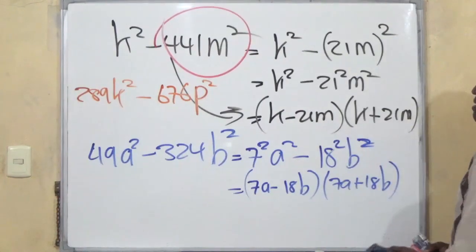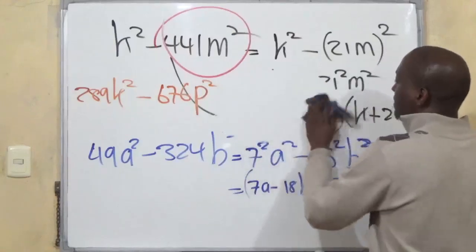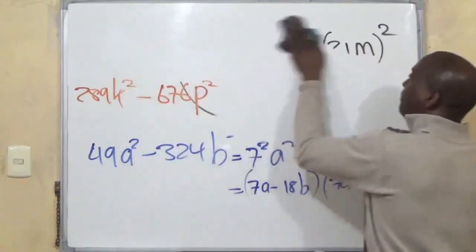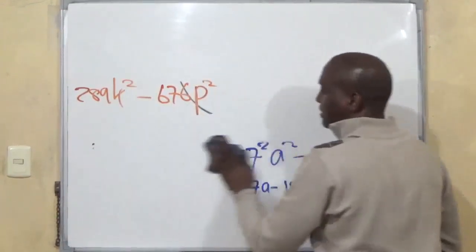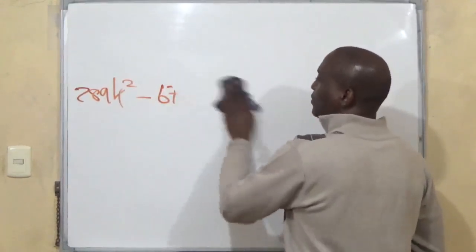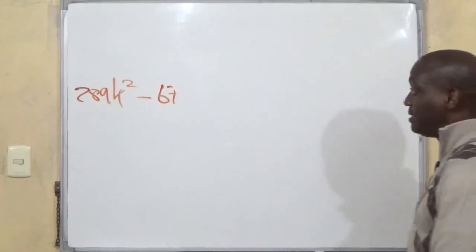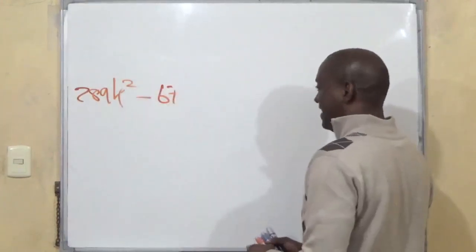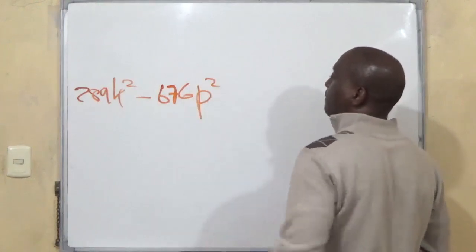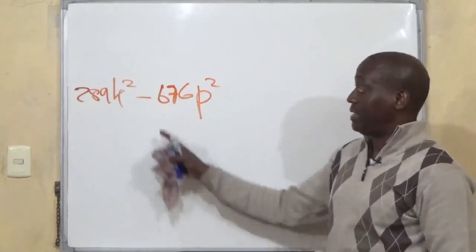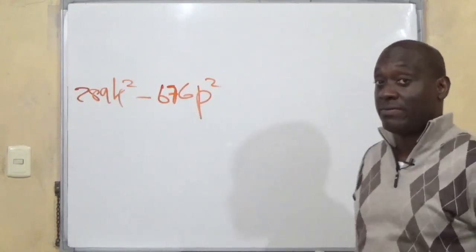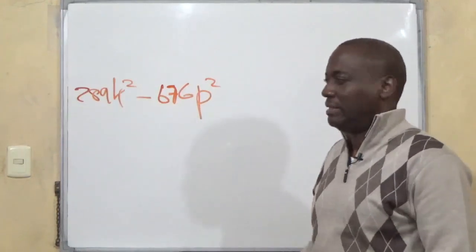Most examiners generally, now maybe if it's a more difficult exam, you might get it. Maybe in an advanced exam, you might get that as part of some other question, right? Or maybe if it's a slightly more difficult maths exam, and we have a lot of those in different parts of the world, right? You might get 289k squared minus 676p squared, which is to say that you have to recognize 289 as the square of 17, and you have to recognize 676 as the square of 26, right? They generally wouldn't do that.